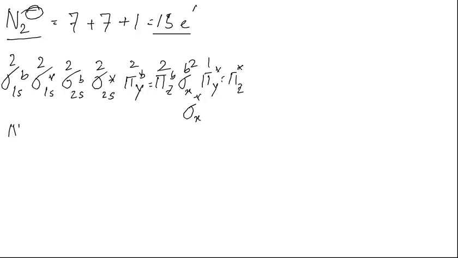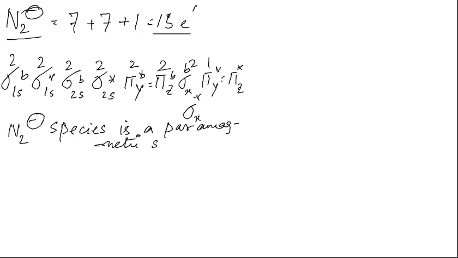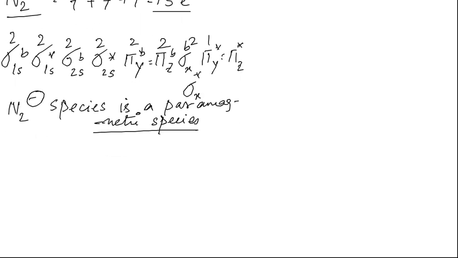Hence we can say that the N2 minus species is paramagnetic, because of the presence of the unpaired electron on the pi star y or pi antibonding y orbital. We can also calculate the bond order for N2 minus.